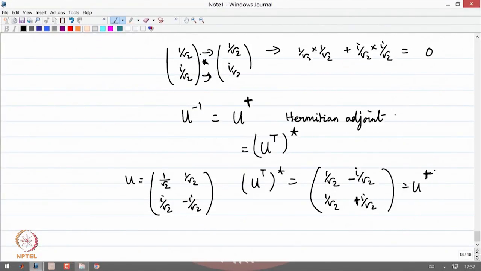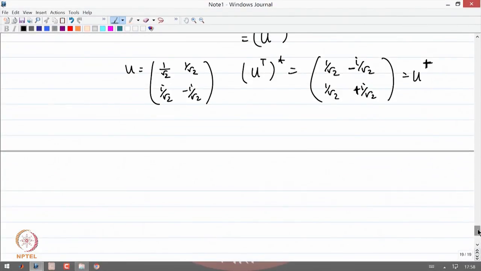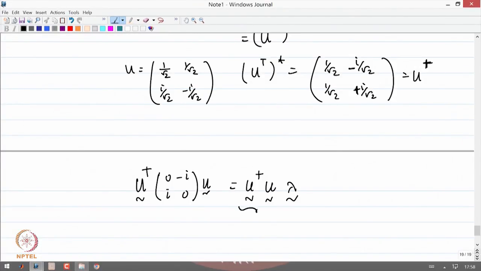Okay. Now you can easily see that if you write U dagger times the matrix 0 minus I 0 times U, this matrix is now U dagger, because you have multiplied it on the left with the U dagger, and this is U and times lambda, and the definition of the unitary matrix is that this is equal to identity, therefore this is lambda.